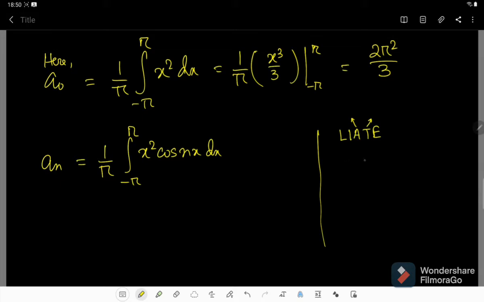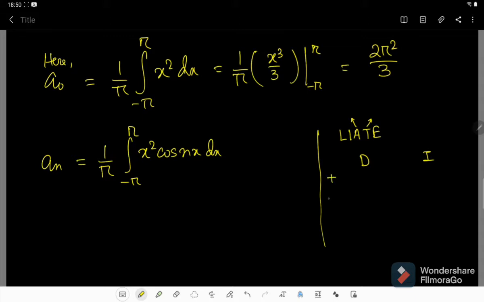Now I have to take out x square, the algebraic function, as u in the UV technique. So I am showing some different technique which is quite easy. I am writing D, which stands for differentiation, and I, which stands for integration.